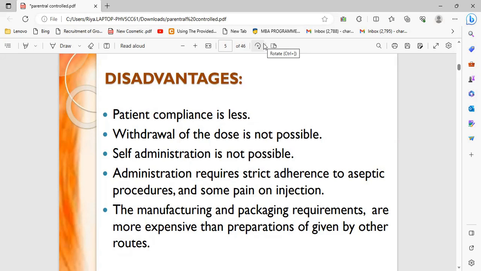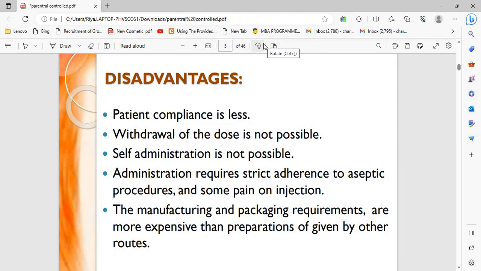The manufacturing and packaging requirements are more expensive than preparations given by other routes. Why are the manufacturing and packaging of parenteral drug delivery systems more expensive compared to other dosage forms? We have to maintain aseptic conditions, we have to maintain the particle size in the room, and we have to sanitize every time we go in and out.